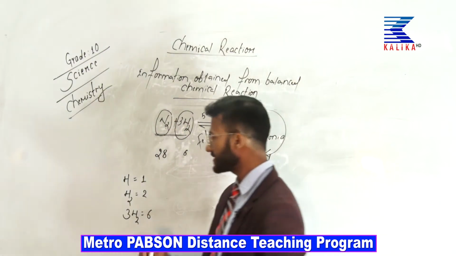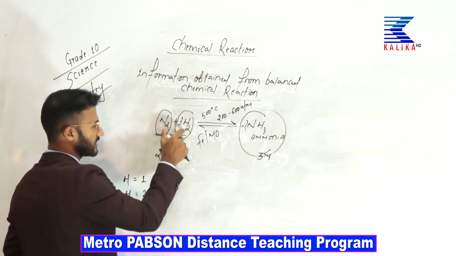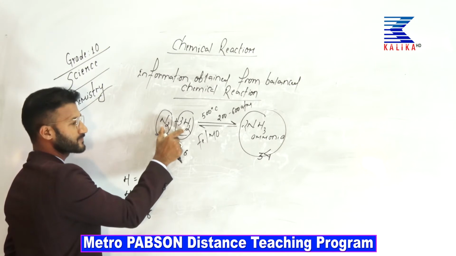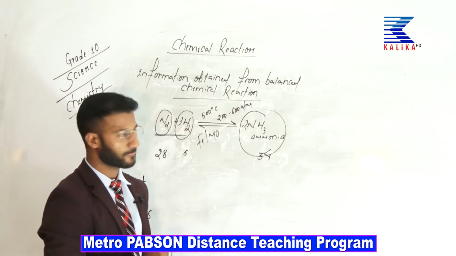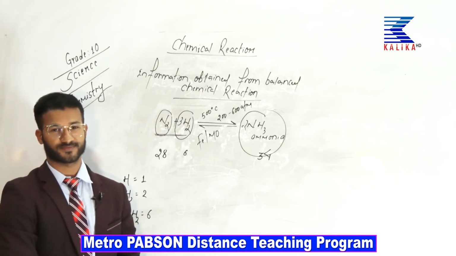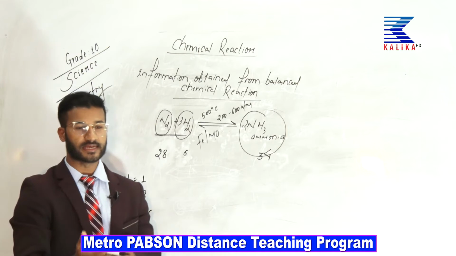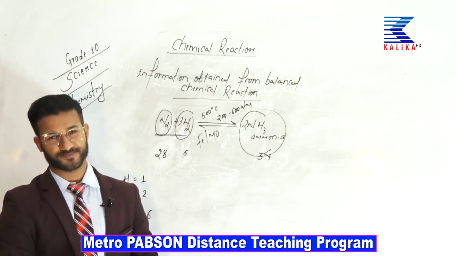Looking at this, we can say, since two different reactant molecules are combined to form a single product molecule, it is combination type of chemical reaction, or we can say addition type of chemical reaction or synthesis chemical reaction.